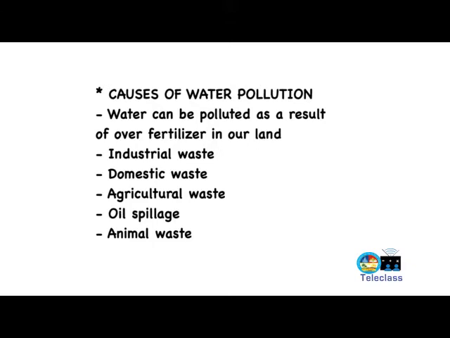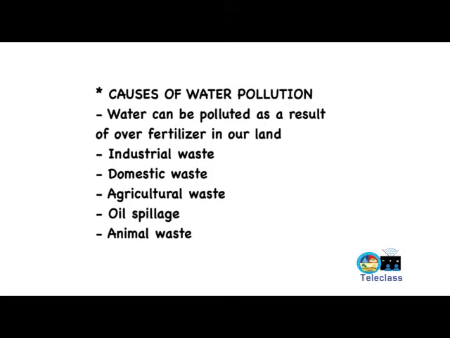At the end of the day, the water is being polluted. That is domestic waste. Agricultural waste, just as I said, fertilizer being applied in a large amount on our farm products. And when it rains, it's flushed into the rivers. The water will be polluted.